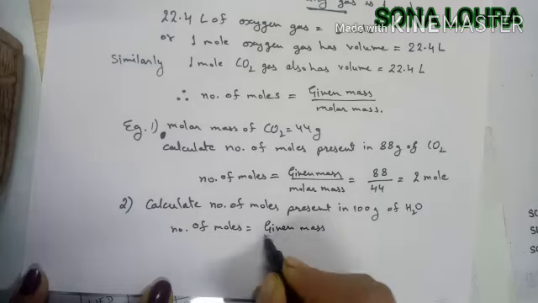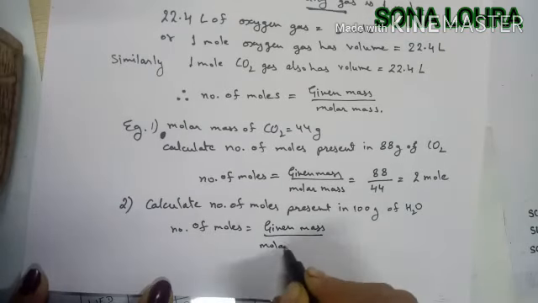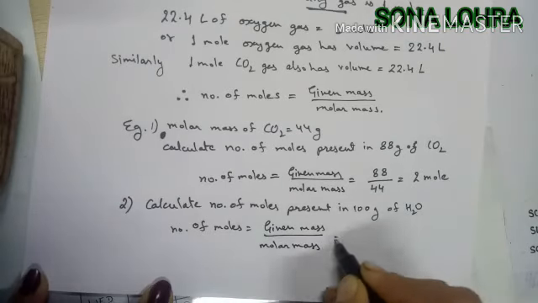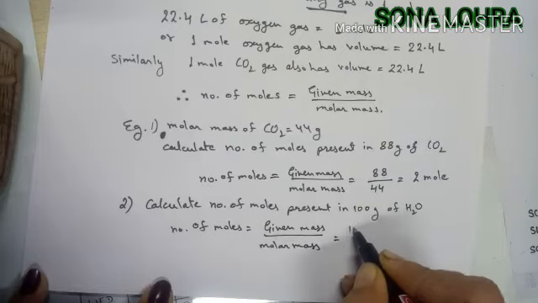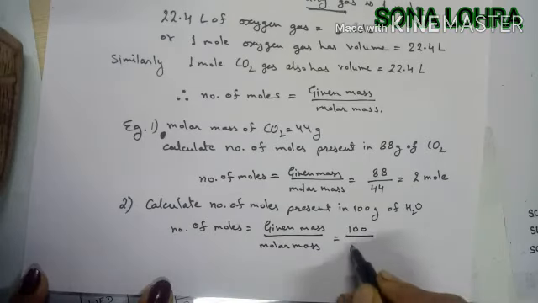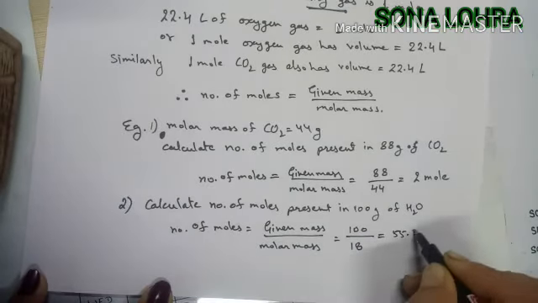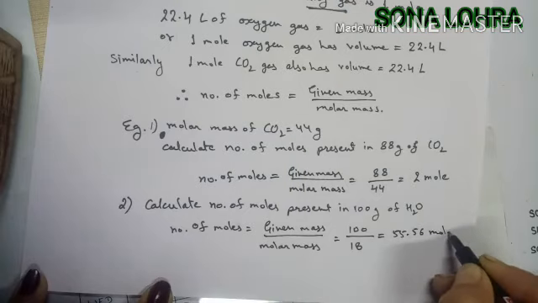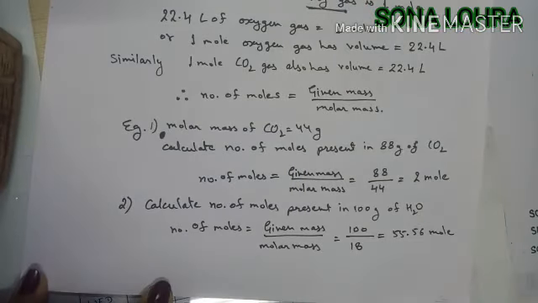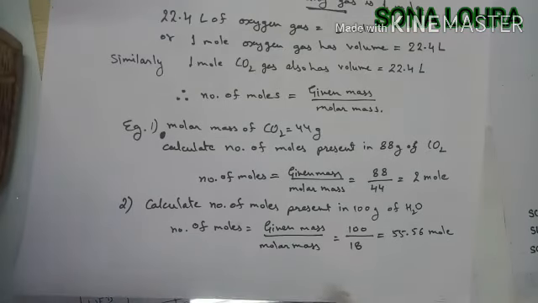As we have already calculated, the molar mass of water molecule is 18 gram. The given amount is 100 gram. So the number of moles is 100 upon 18, which is equal to 55.55 moles. Like this we can calculate the number of moles present in any amount of the substance.